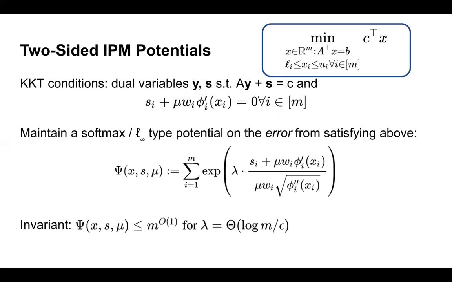The invariant we maintain is that psi is at most a polynomial in m, for lambda logarithmic over epsilon. If we're able to maintain this invariant, what this shows is that every single coordinate has error epsilon on average. And that's actually enough to push the method through.